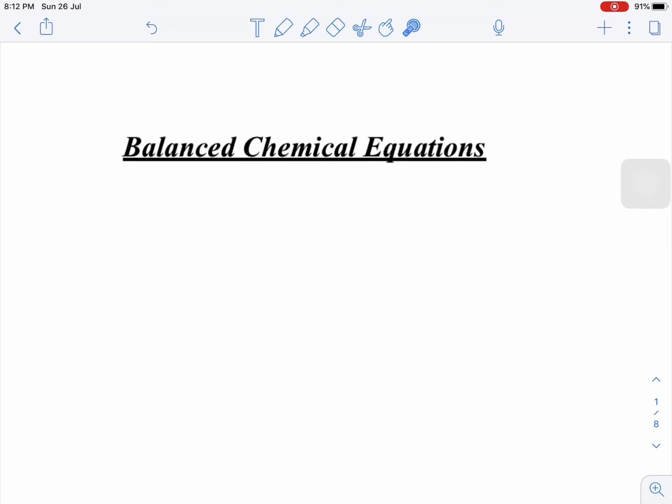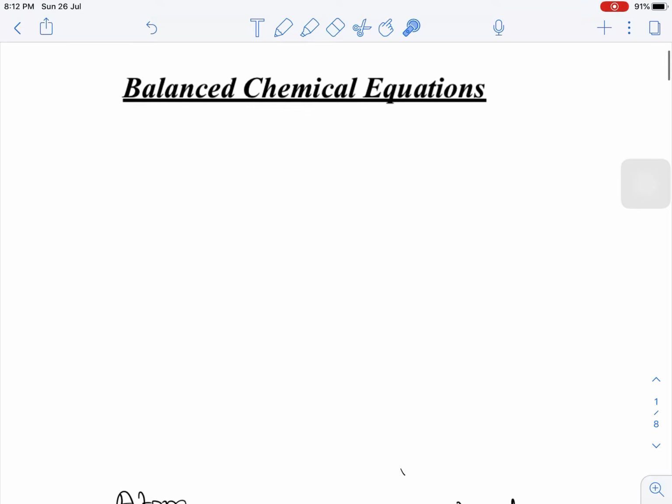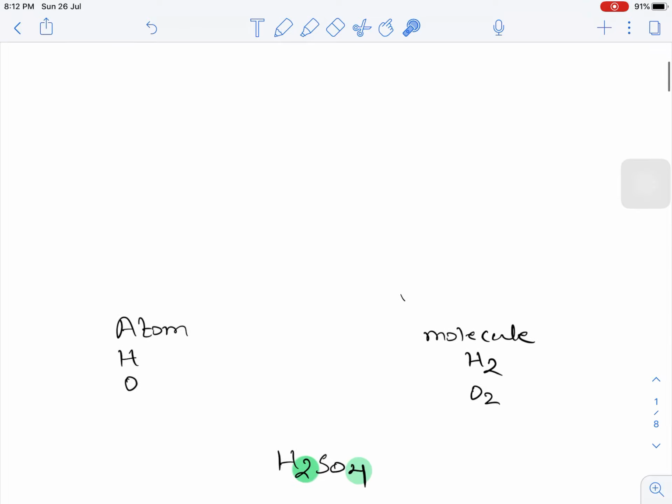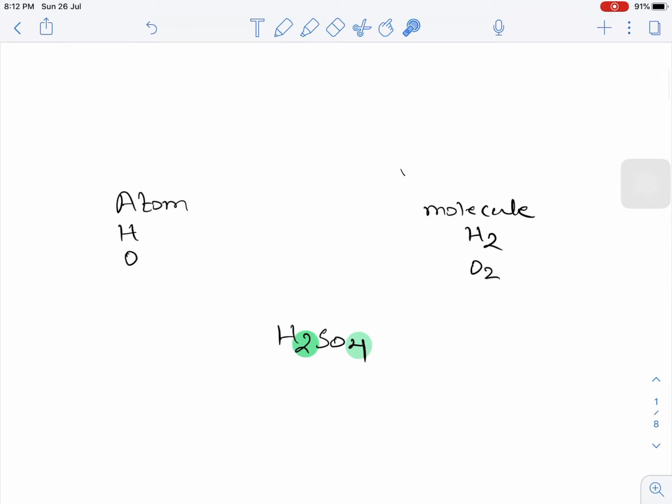Now before learning how to balance this chemical equation, let us revise some terms which we have learned last year, that is atoms and molecules. We have learned in 9th standard that atoms are the smallest indivisible part of matter. Here H and O indicate the elements, these are the symbols for the elements.